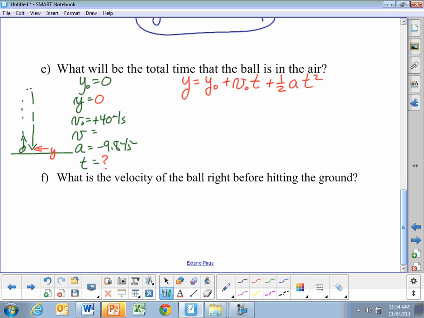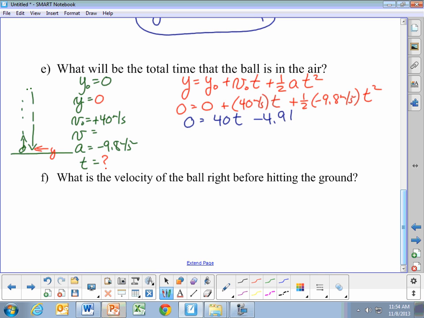Plugging in our values, we have 0 equals 0 plus 40 meters per second times t plus 1/2 times negative 9.8 meters per second squared times t squared, or 0 equals 40t minus 4.9t squared.